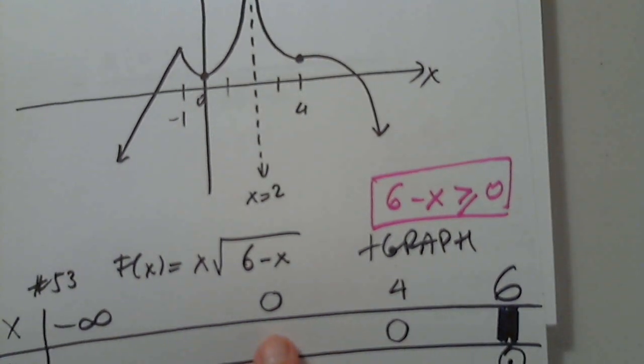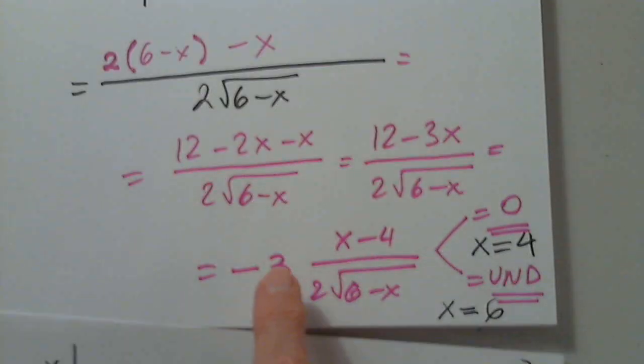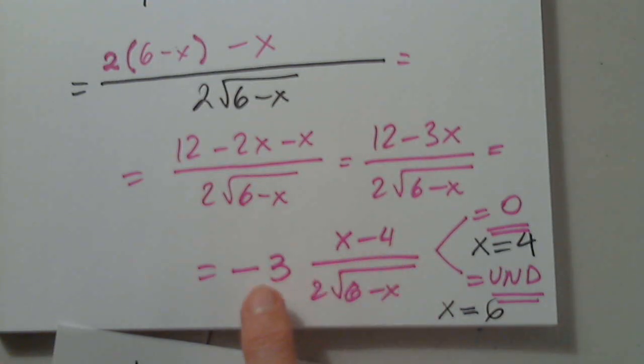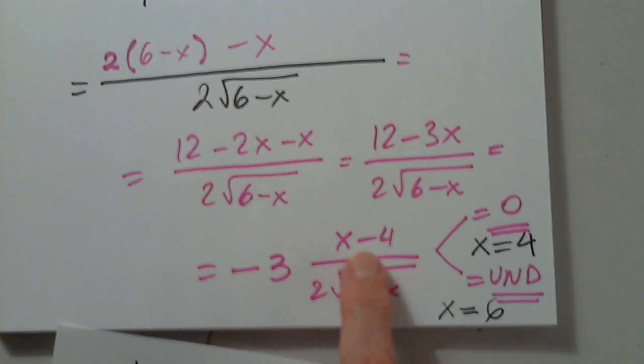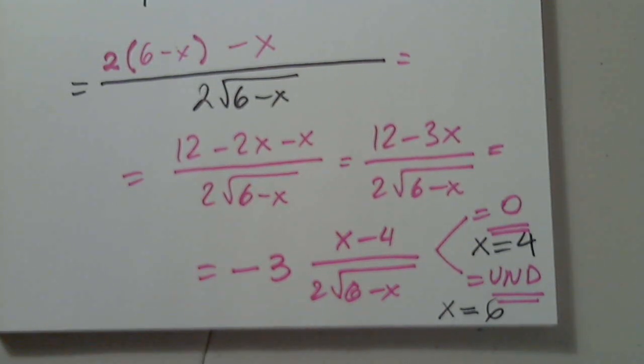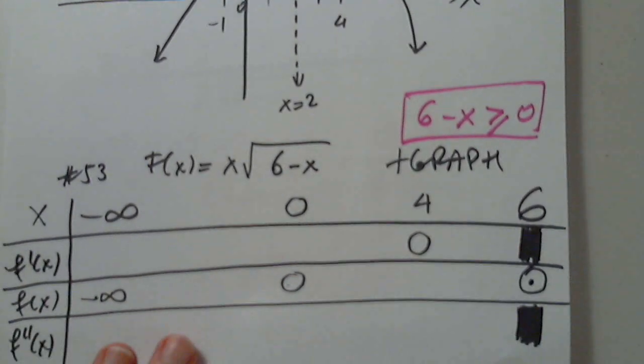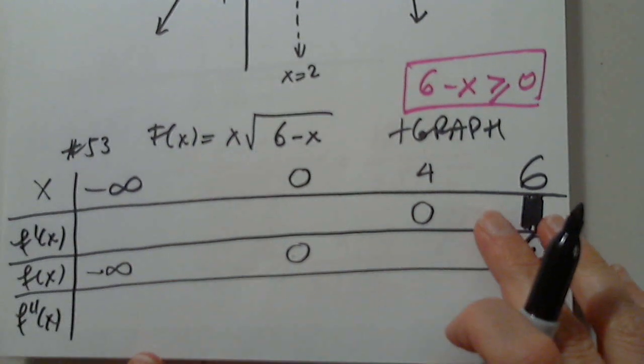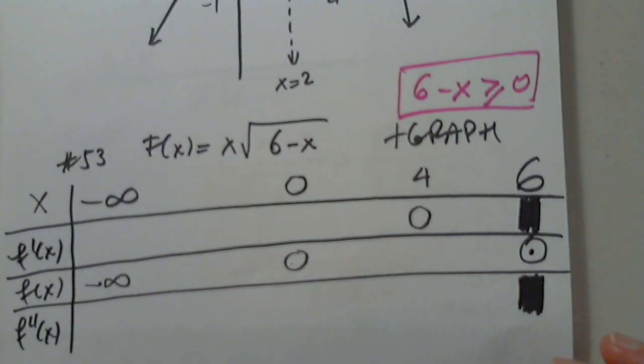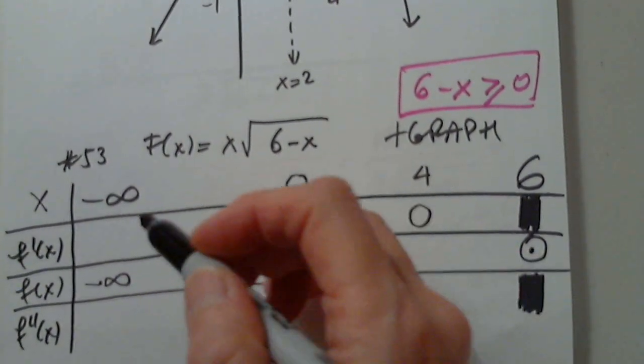When I plug in 0, 0 minus 4 with negative in front. What will the sign be? Negative 4 times negative 1. What is the sign? Positive. Yes.